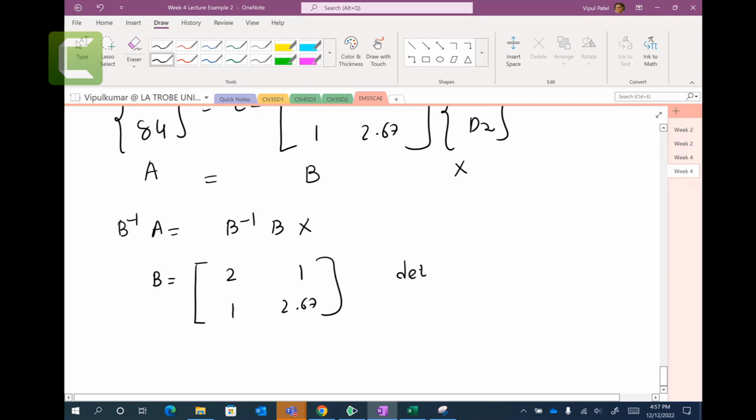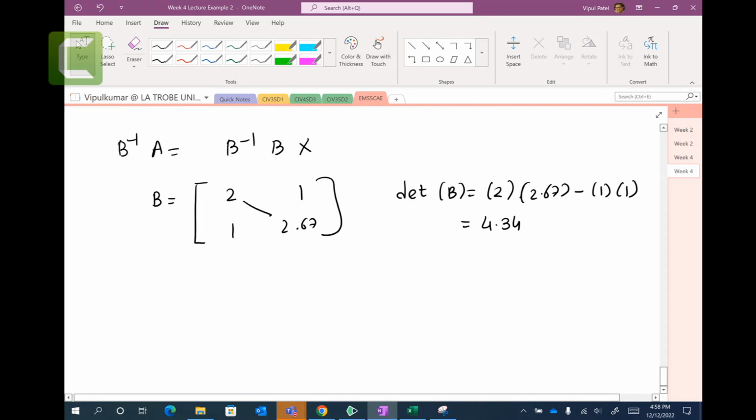To get the determinant of B, I need to multiply 2 times 2.67 minus 1, and you get 4.34 as the determinant. What you need to do is swap these numbers, put a minus here, and divide it by 4.34.